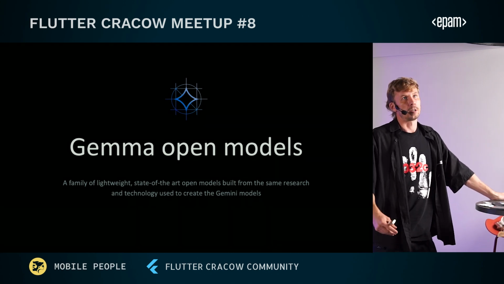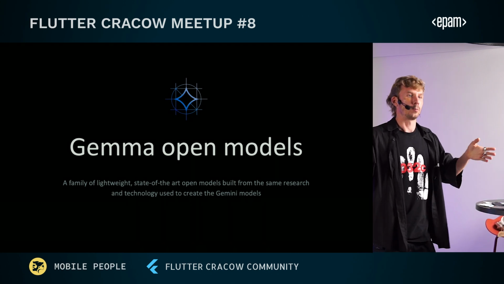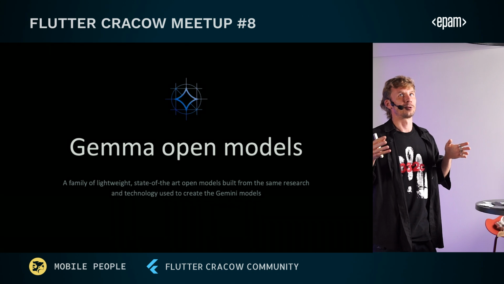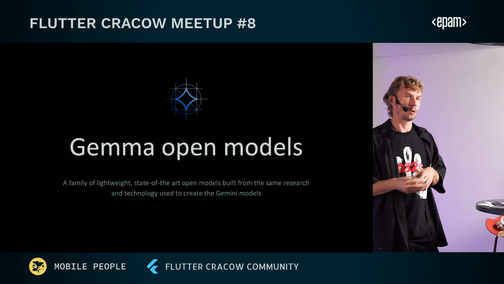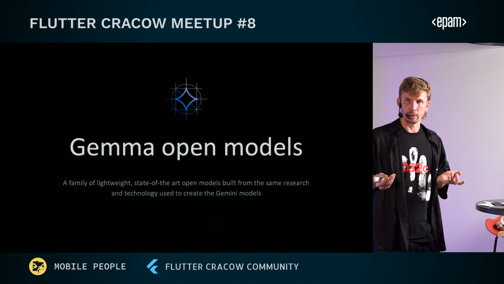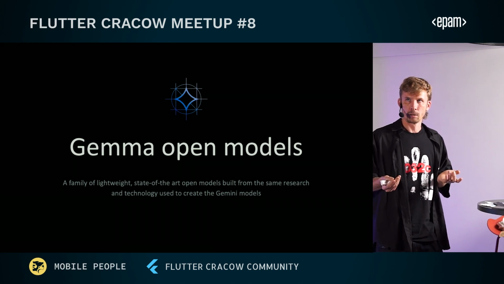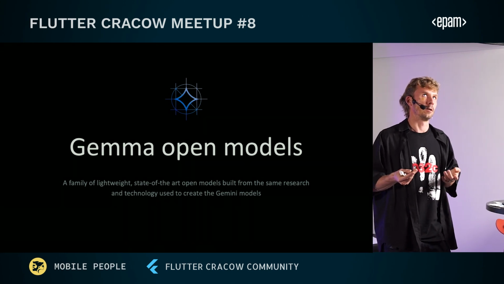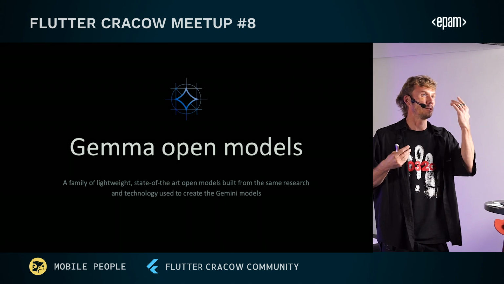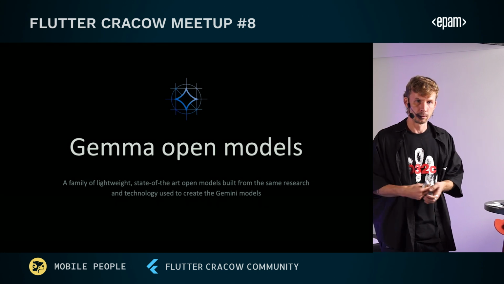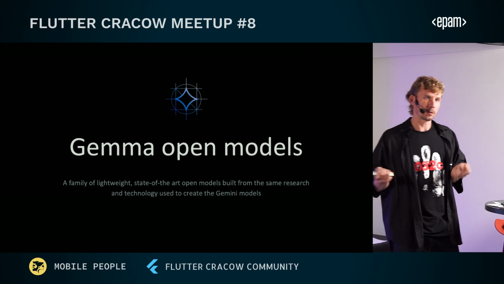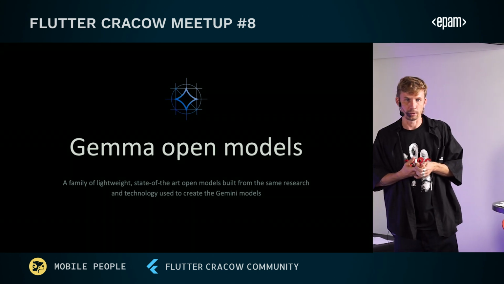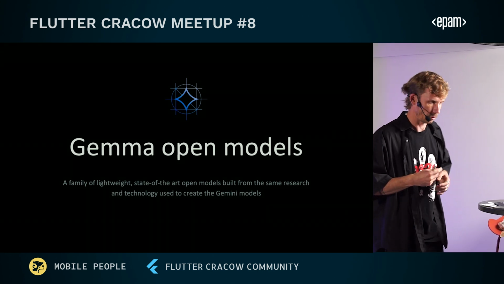That's why these two approaches, two directions for AI development, Gemini and Gemma, can exist together. It's like Android and Chrome OS, two operating systems created by Google for different purposes. Android can do much more than Chrome OS.